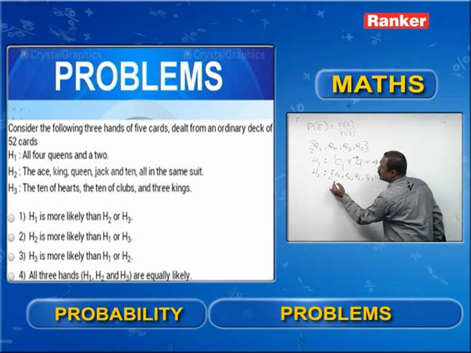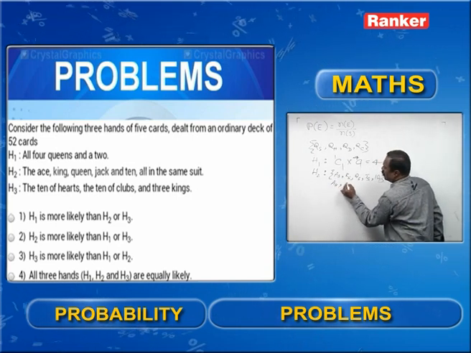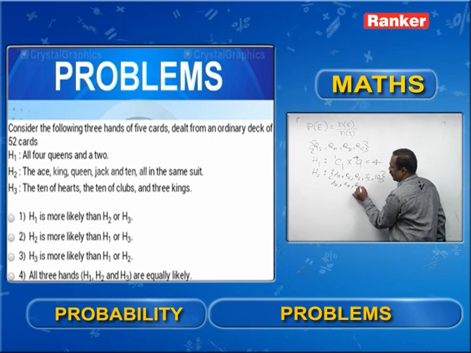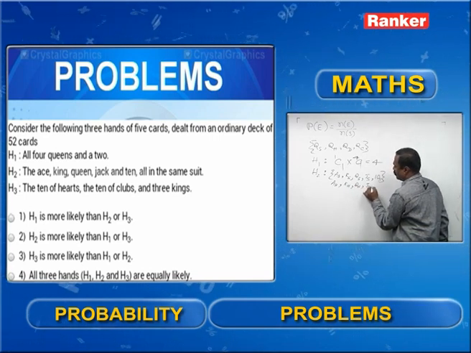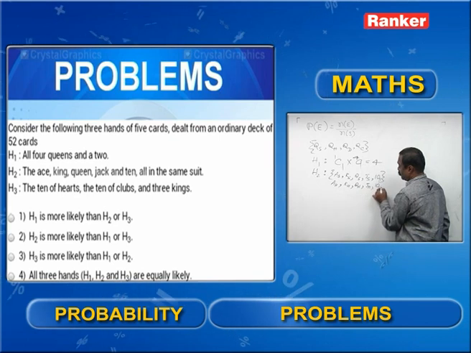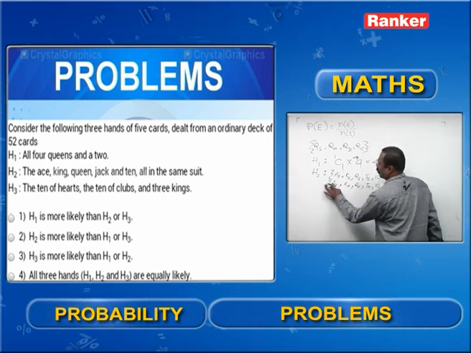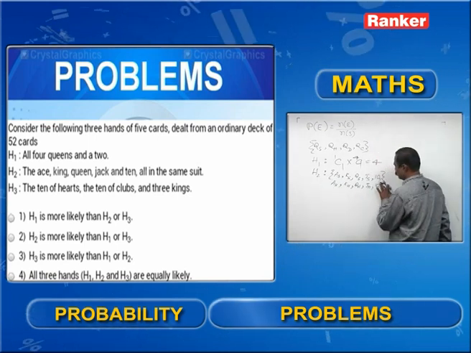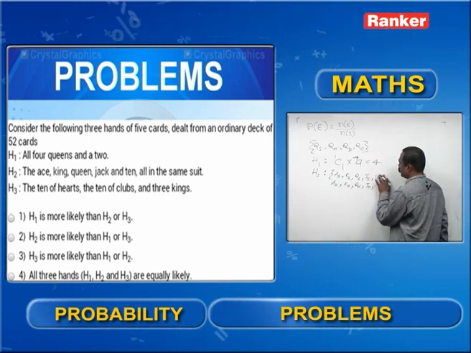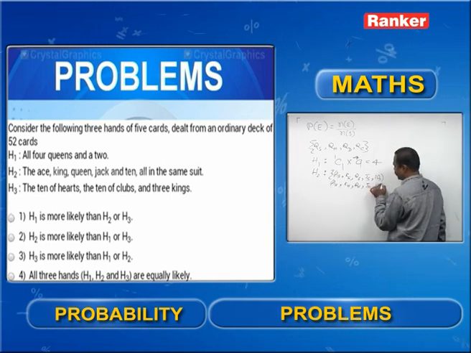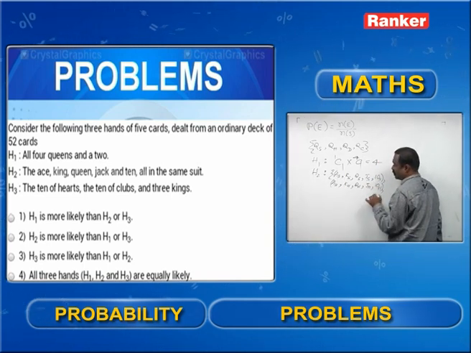Similarly, you will have A from H, K from H, Q from H, J from H, and 10 from H. This is one set, this is the second set. What is the third set?